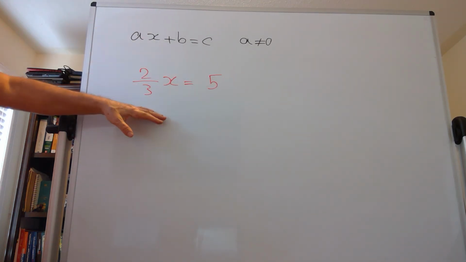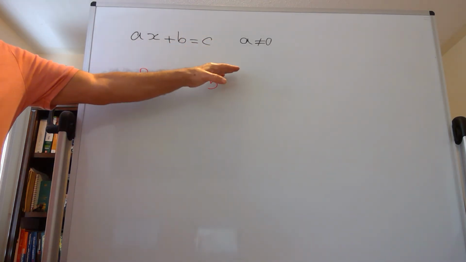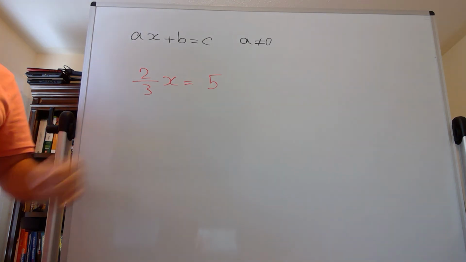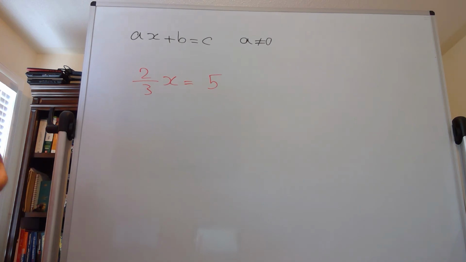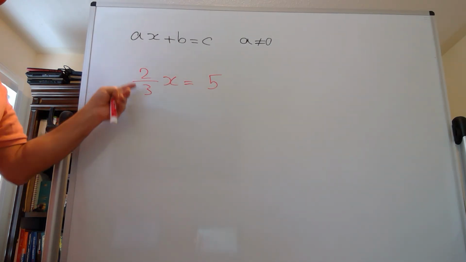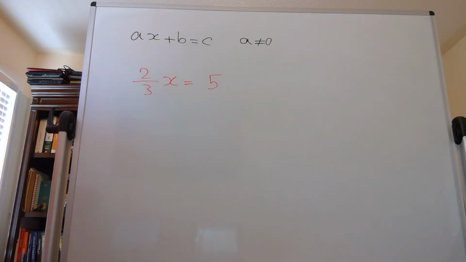Let's say it was a linear equation, we simplified and we ended up at this part. The coefficient of x is a fraction. What is the easiest way to solve it? Whatever the coefficient of x is, if it's in fraction format, multiply by the reciprocal of this fraction.